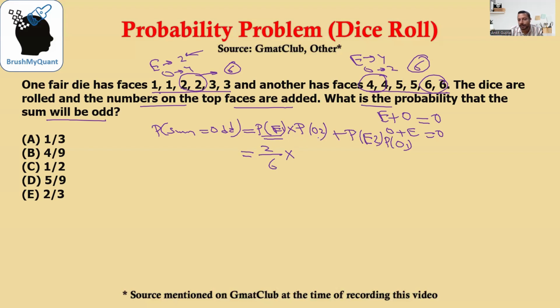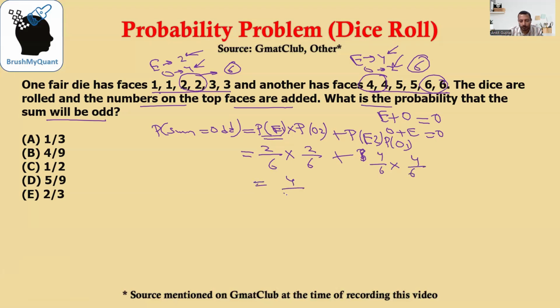The probability of getting an odd number in the second die is also equal to 2 divided by 6 because we have two odd numbers. Plus the probability of getting an even number in the second die, since we have 4 even numbers, will be equal to 4 divided by 6, multiplied by the probability of getting an odd number in the first die, right? So there are 4 odd numbers, so again equal to 4 by 6.